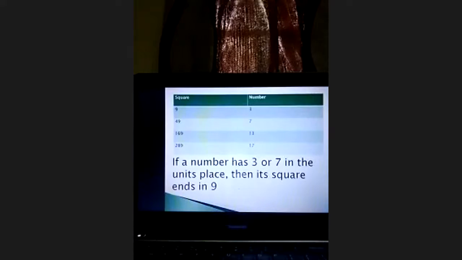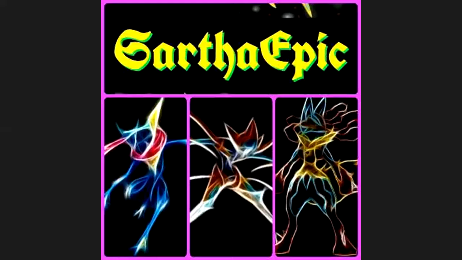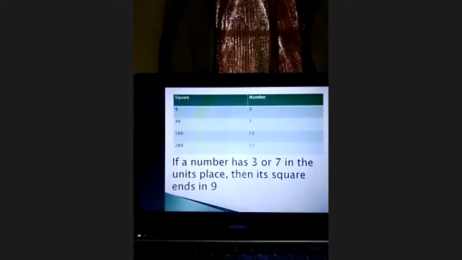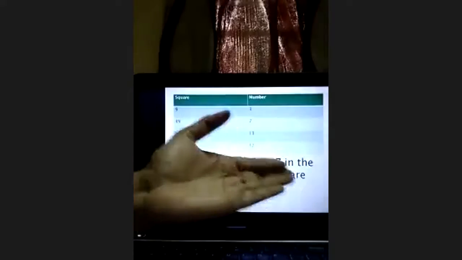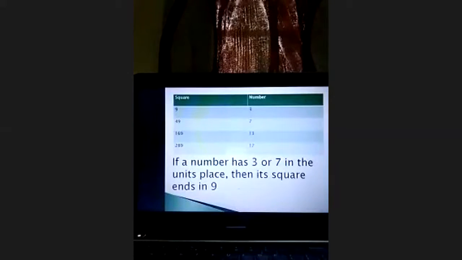I repeat, all the square numbers are ending with 9 if the number is ending with 3 or 7. Is it clear to you? अभी जैसे हमने previous case में किया था, 1 से जो square end हो रहे थे, उनके numbers जो end होते थे या तो 1 से या 9 से. So similarly, if a number has 3 or 7 in the units place, then its square ends in 9.